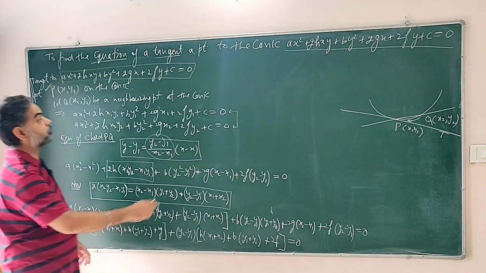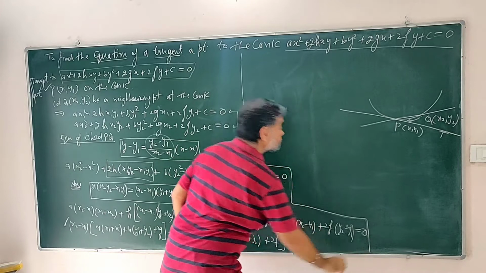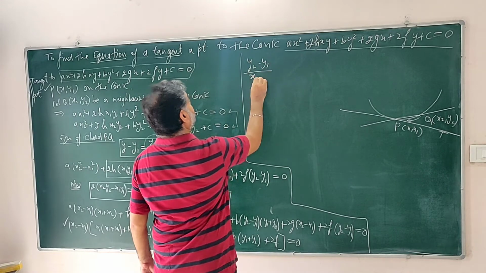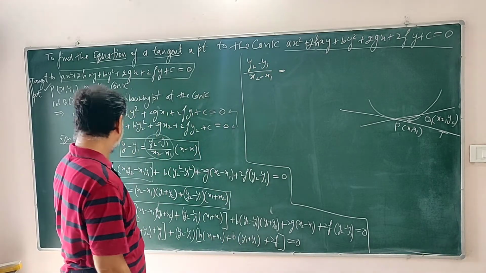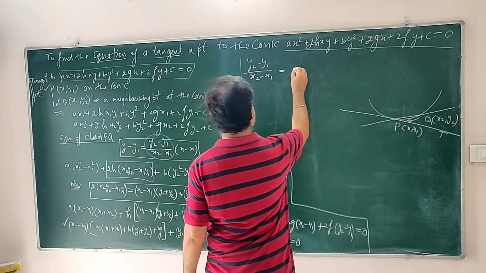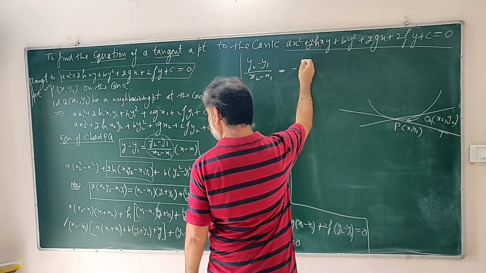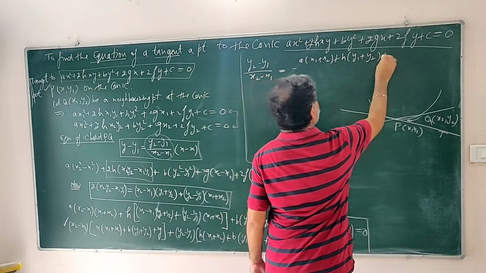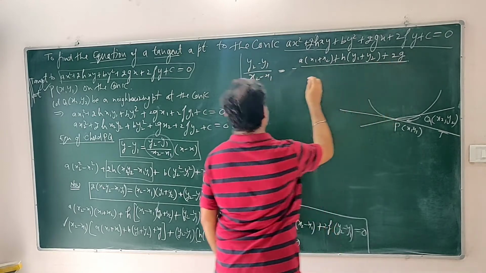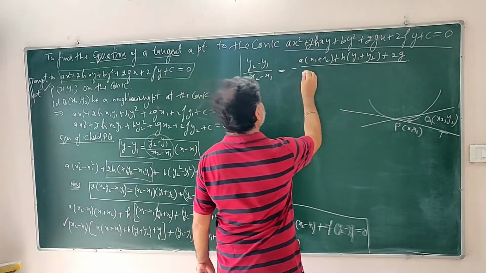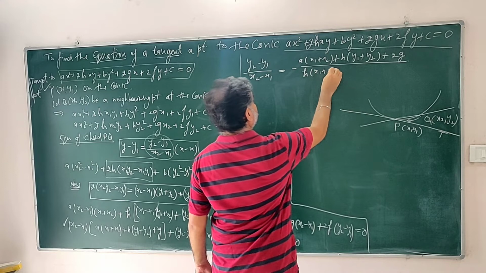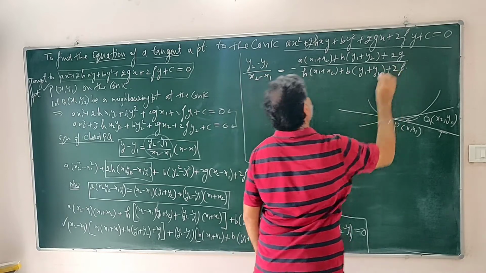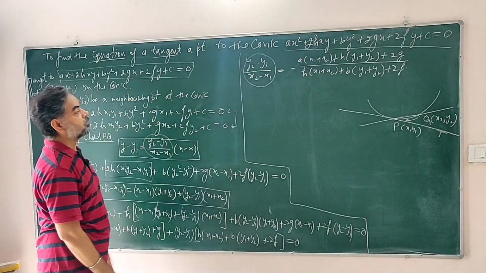So from this equation we can write that (y2 minus y1) over (x2 minus x1) is equal to minus [a(x1 plus x2) plus h(y1 plus y2) plus 2g] over [h(x1 plus x2) plus b(y1 plus y2) plus 2f].